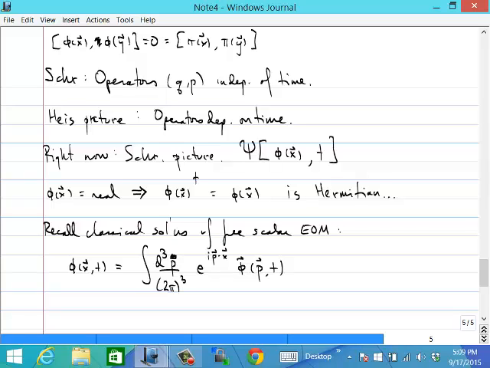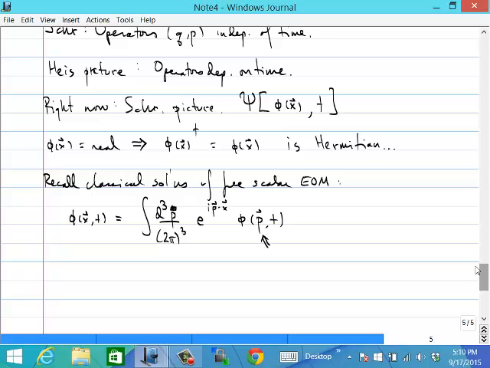All I've done is written phi in terms of its Fourier transform, which I've called phi of p. Sometimes you put a tilde on top of it to remind yourselves that you have a Fourier transform. I'm not going to bother doing that here. I'm just going to use the notation where if it depends on p, it's in momentum space, the Fourier transform variable. If it depends on x, it's the usual variable that depends on space.